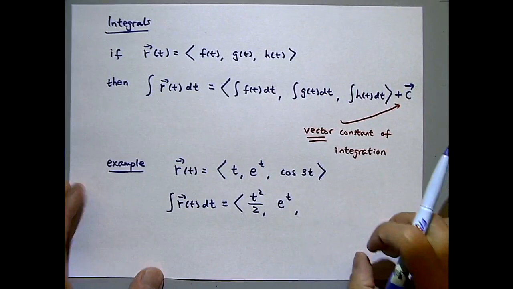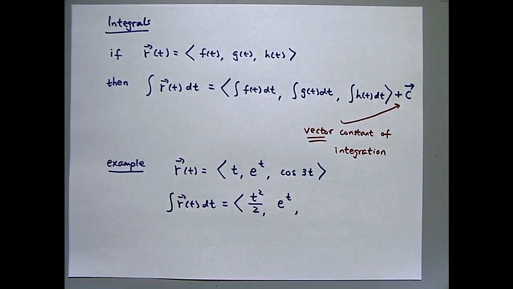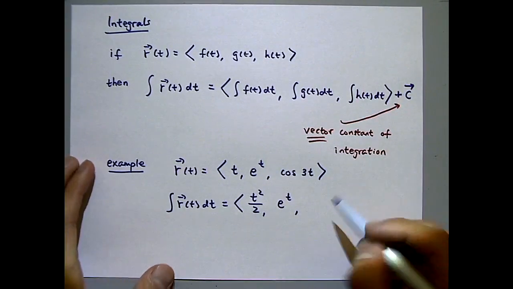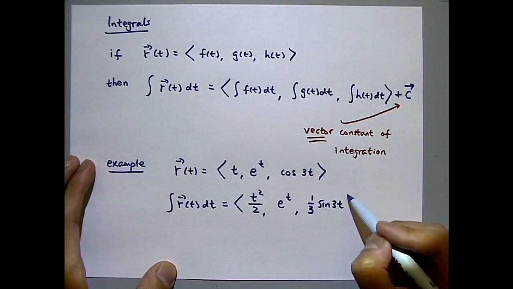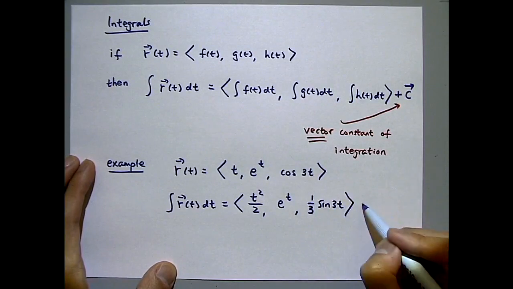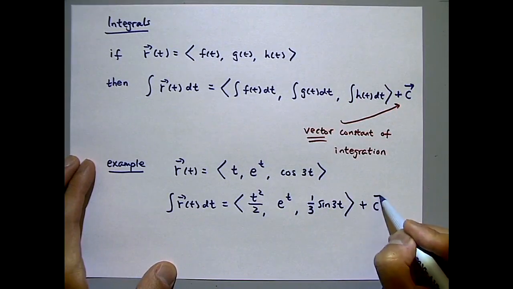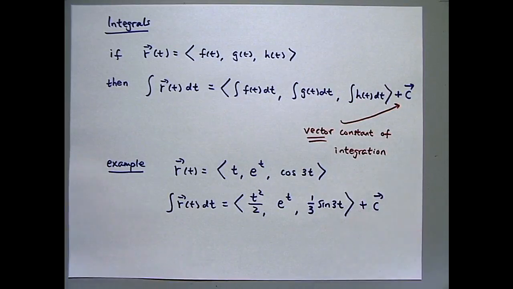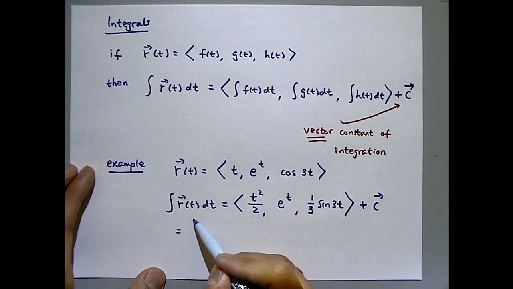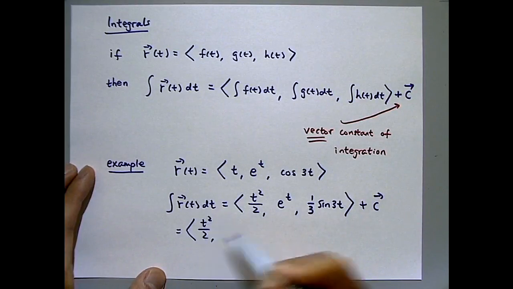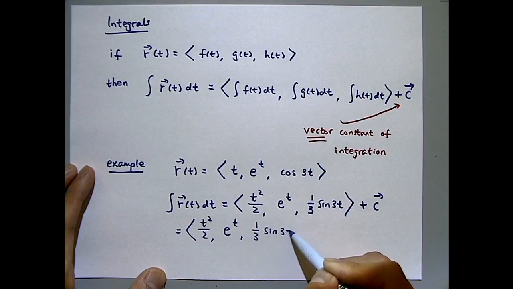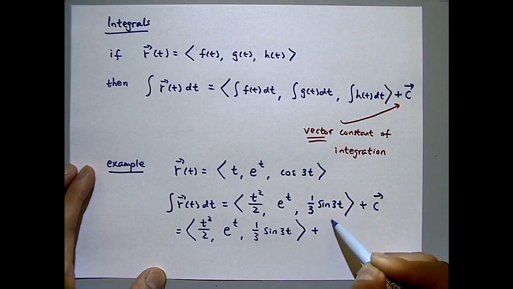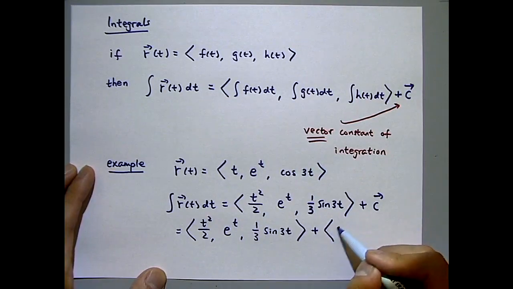And what's the integral of cosine of 3t? Positive or negative? Positive sine of 3t, and by the chain rule, we need a 1/3. And now we need to add a constant of integration. That's a vector. So this thing has 3 components, just like the vector you integrated. So let's call the components C1, C2, and C3.